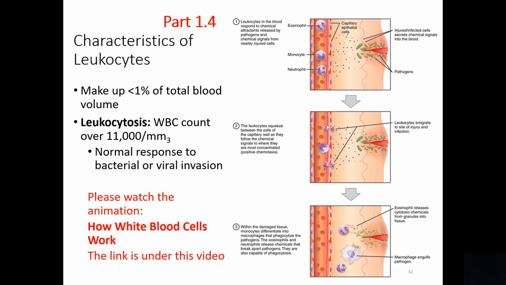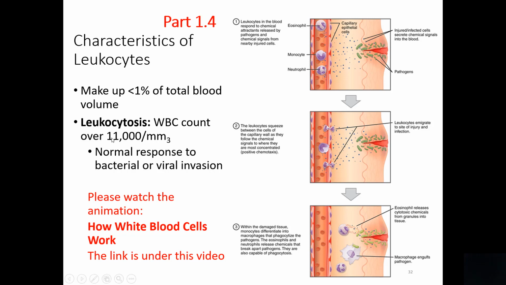Now we will talk about white blood cells or leukocytes. If we have about 4 to 5 million red blood cells in each cubic millimeter of blood, the amount of white blood cells or leukocytes is about 10 times less, 5 to 10,000 in each cubic millimeter of blood.